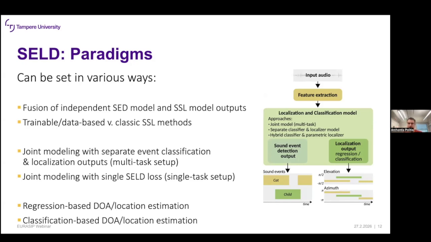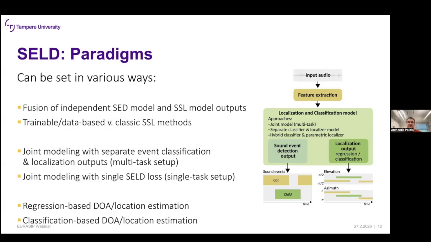Also, one can use a sound event detection model, typically a machine learning or deep learning model, and still combine it with some traditional signal processing localization method, or also use a trainable, data-based model for sound source localization.